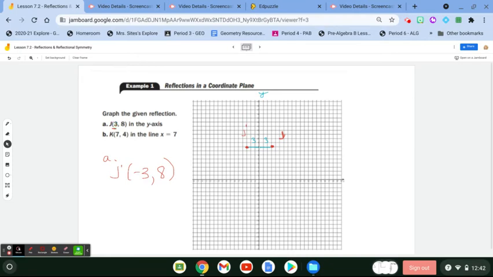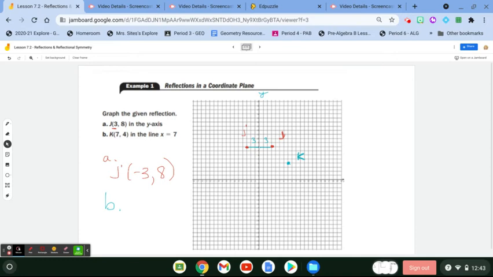Okay, now for the next one, let's graph 7, 4. And let's label that K. This one's a little bit different, and that's why I wanted to do this one with you guys. So it says for us to do a reflection in the line x equals 7.